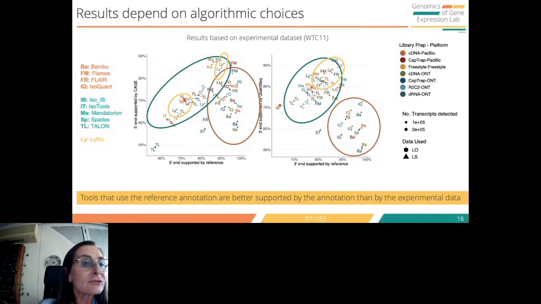So the tools that use the reference annotations are actually better supported by the annotation than by experimental data, indicating probably some kind of correction of bias towards the reference. Okay, so this is a general overview.